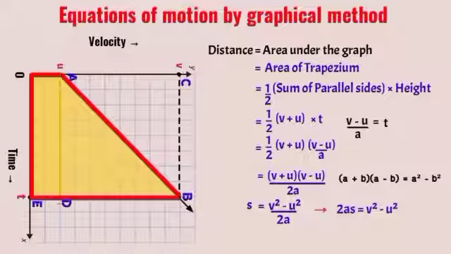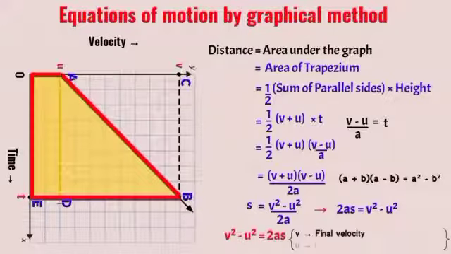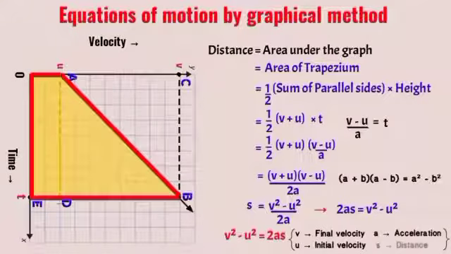Now if we transpose 2A to the LHS, it is multiplied with S. Therefore we get 2AS is equal to V square minus U square. After rearranging, we get V square minus U square is equal to 2AS, which is the third equation of motion, where V is final velocity, U is initial velocity, A is acceleration and S is the distance.